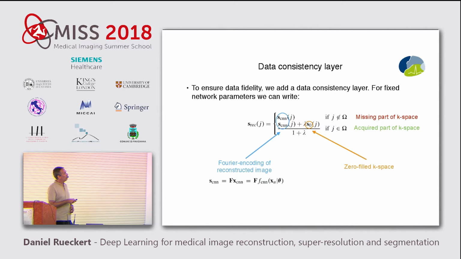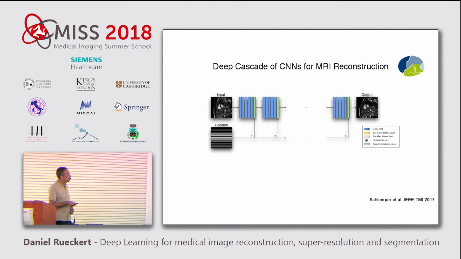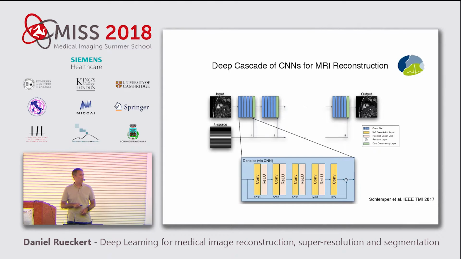And we're going to fill those with the Fourier encoding of the reconstructed image, which is produced by our CNN. You see the CNN in a moment, but effectively the CNN is trying to estimate an image. We go back to K-space, and then we fill K-space either with the result of this, or we blend it, as in the previous version, with the original zero-filled K-space. Okay?